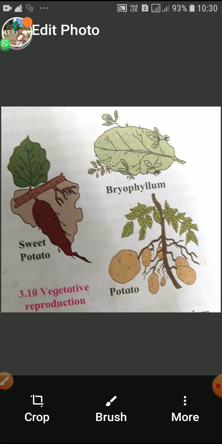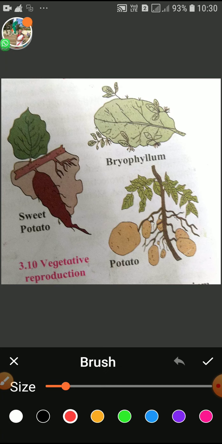Now, which are the vegetative parts of the plants? Root, stem, leaf and bud. First we'll see about root. You will see a sweet potato. When we bury the sweet potato under the soil, the eyes grow on it and it grows into a new plant.